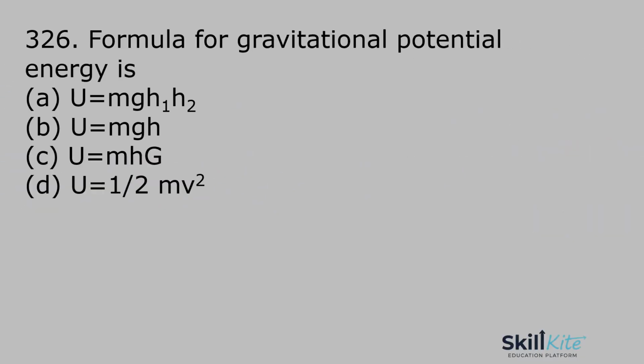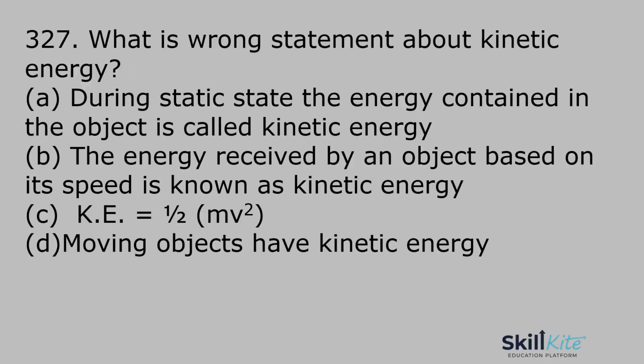Formula for gravitational potential energy. So that is U is equal to mgh. Okay, what is the wrong statement about kinetic energy? So here formula is right, half mv square కదా, ఇది right. Okay, so ఇంకా moving objects have kinetic energy, this is also right.